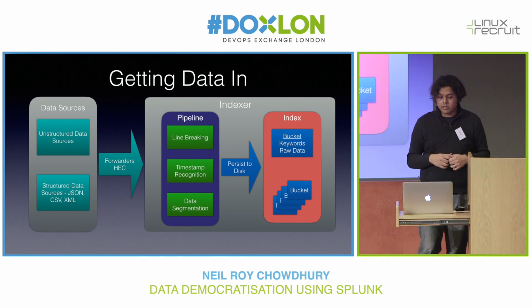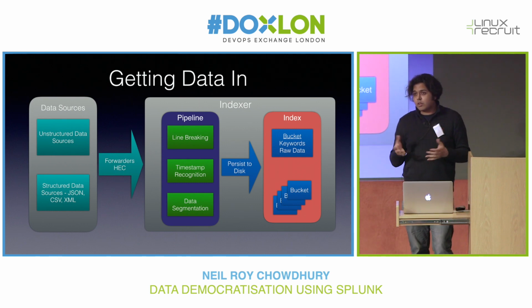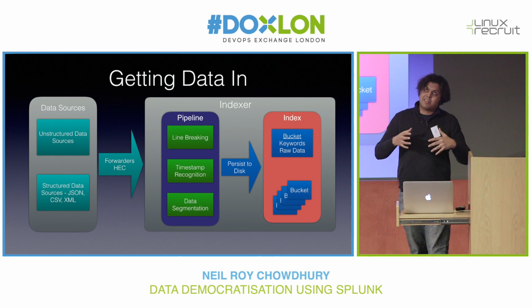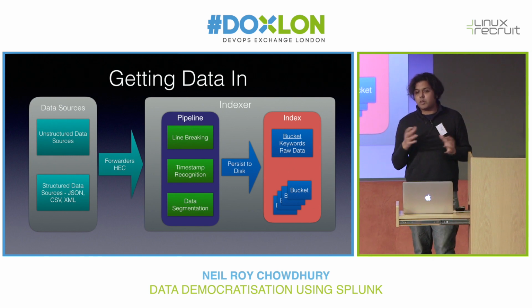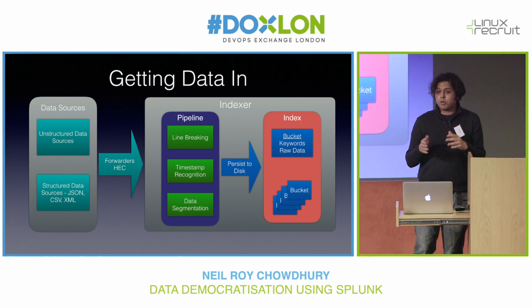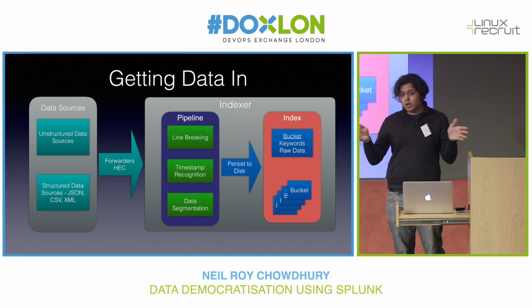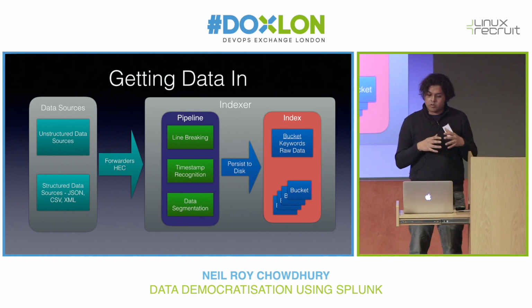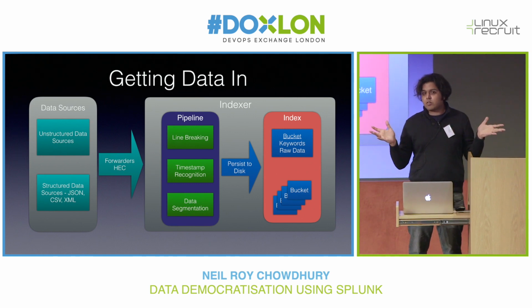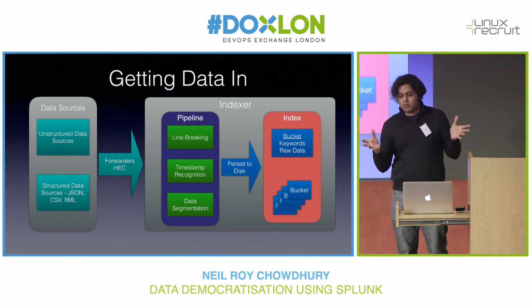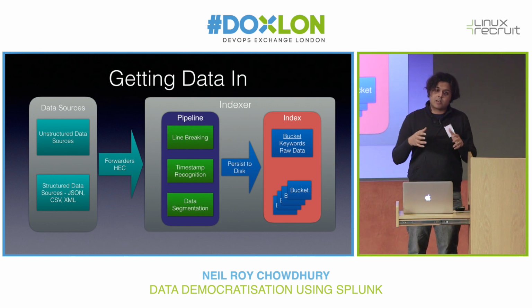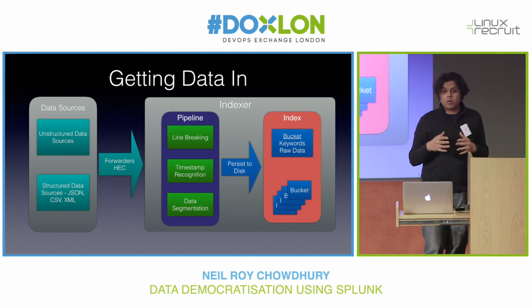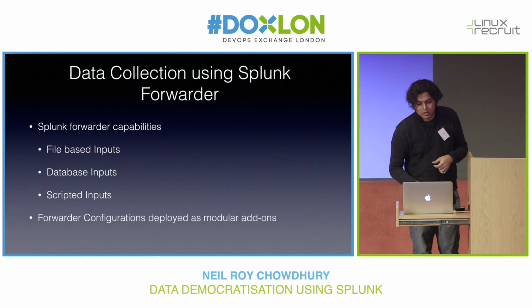Following that, Splunk does data segmentation, which means it breaks your data up using punctuation heuristics into keywords, and it squirrels it away in what they call buckets. Those buckets then live inside an index, which is like a data container where you can delegate access if you really wanted to.